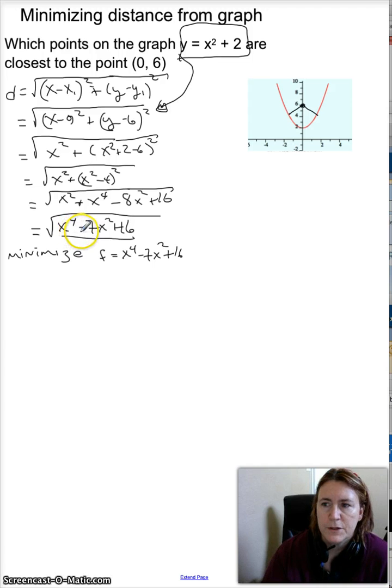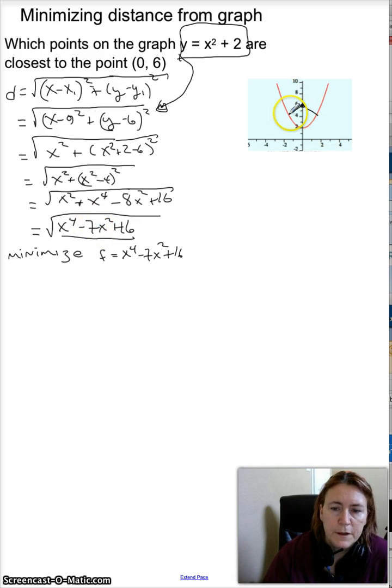Now we need to look at the domain. We know that this whole thing has to remain positive; we can't get any negatives under our radical. The domain for the function itself is all reals, so we're just going to have to make sure we don't mess that up too terribly badly.